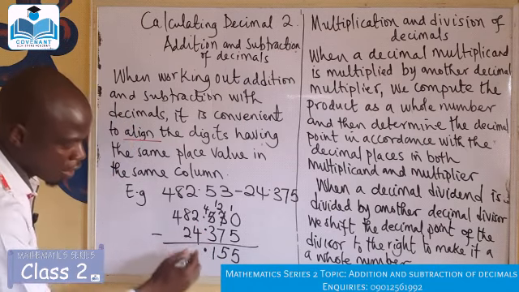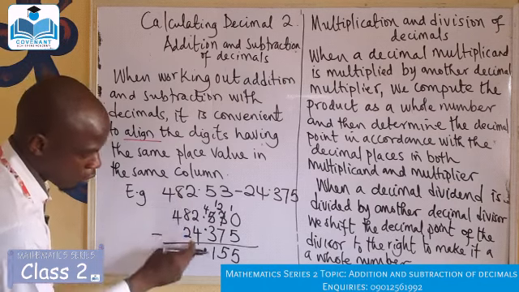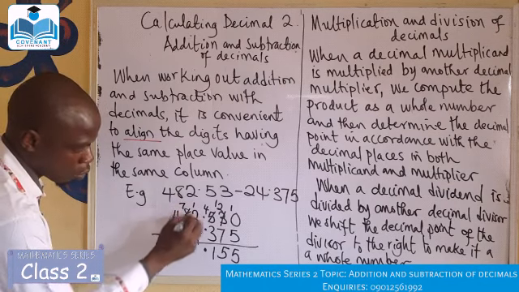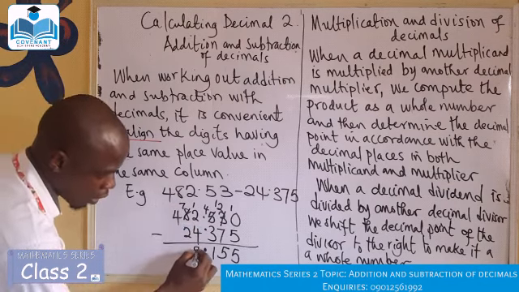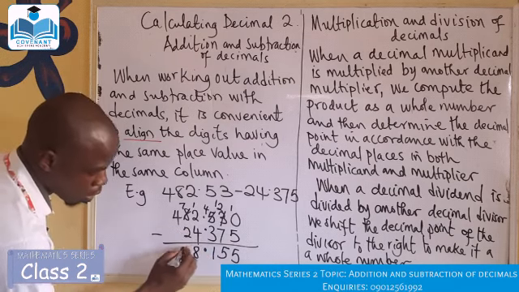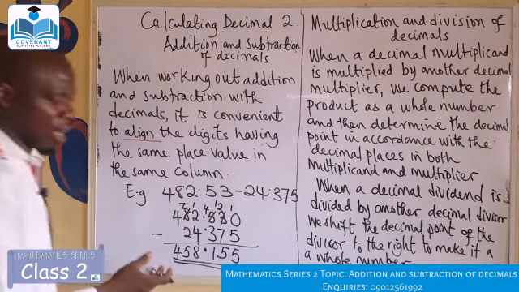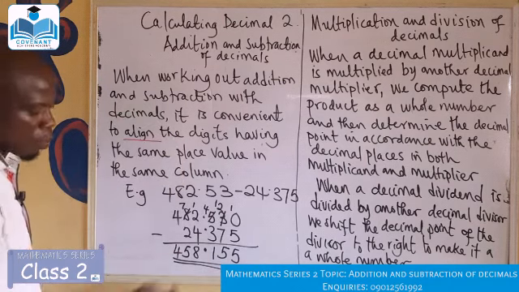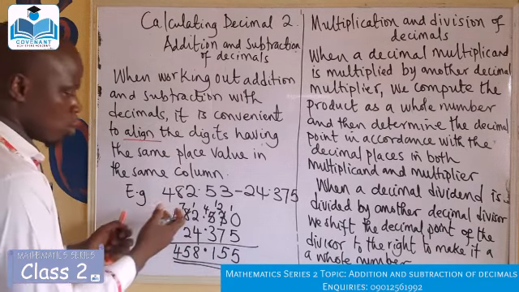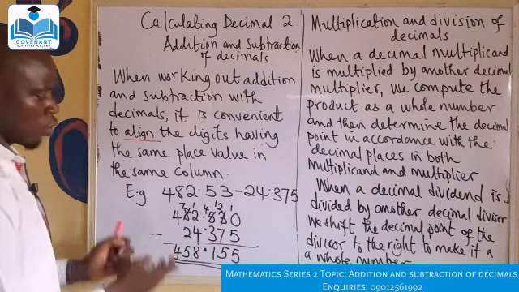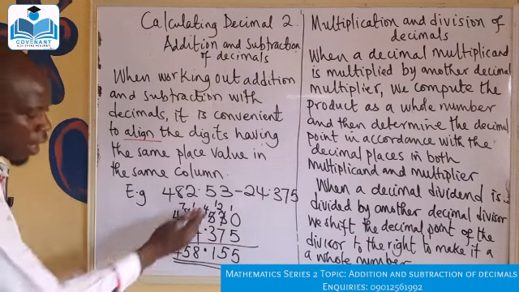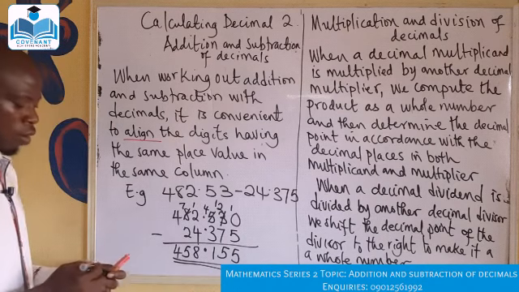Remember, it must be aligned. Then this is 2 minus 4, impossible. Borrow 1 from here. 7, 12. 12 minus 4, that's 8. Then 7 minus 2, that is 5. And this is 4. So you can see how easy it is and how fun it is to subtract numbers with the addition and subtraction of decimals. The major thing is to align your decimals and you get your answer correctly.